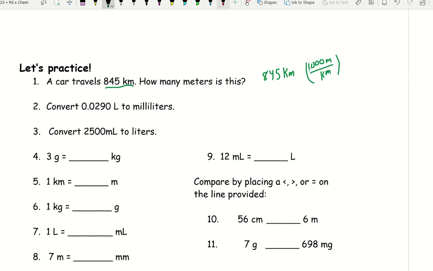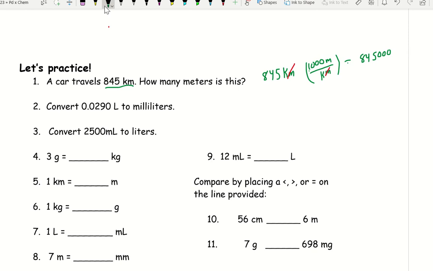Now, mathematically, you might remember that units that are on the opposite side of a division bar cancel, and you're left with the unit that's on the top. So when you multiply this, you'll get 845,000.